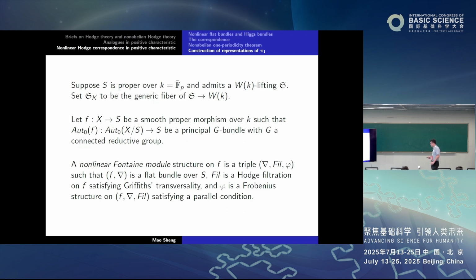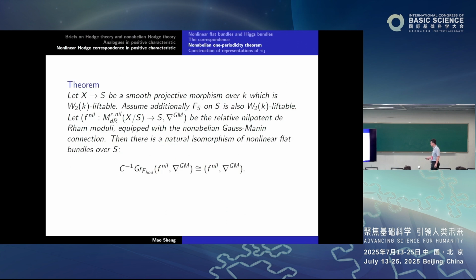It satisfies a parallel condition. This is only very roughly speaking, but you can make it very precise. Actually, this structure means that this moduli space is a nonlinear Fontaine module.